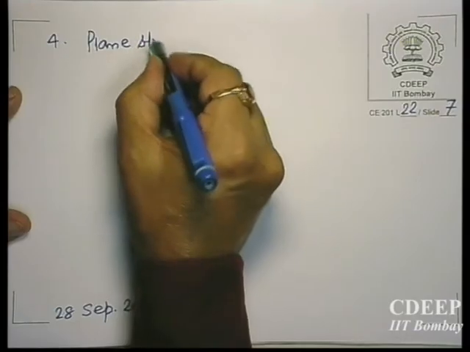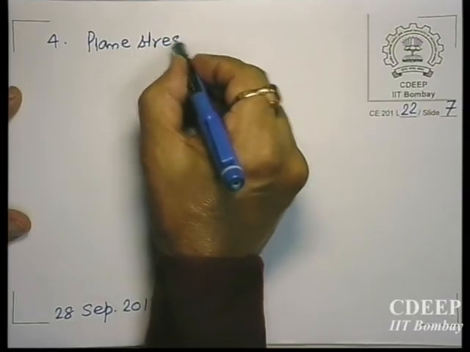Basically, if the width b is very small and loads are all applied in the xz plane, and the xz plane happens to be the plane of symmetry, then we are talking of a plane stress problem, because all the loads are in the plane xz.